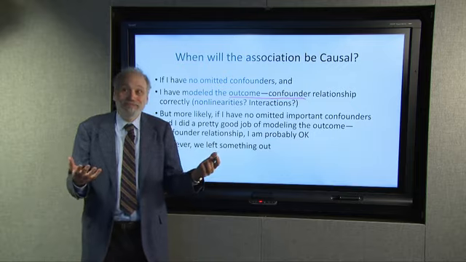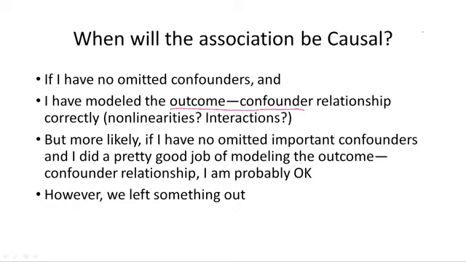Now, more likely, we would argue that if we have no omitted important confounders and we did a pretty good job of modeling the outcome confounder relationship, we're probably okay. And then when we talk about things, we get, well, there's another way to do it with inverse probability weighting and things like that.